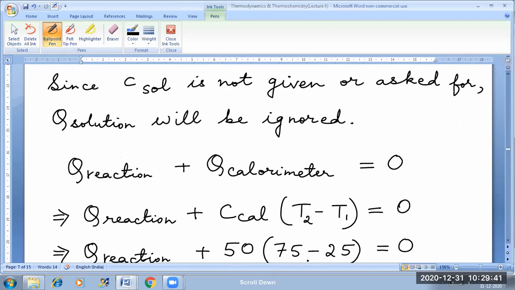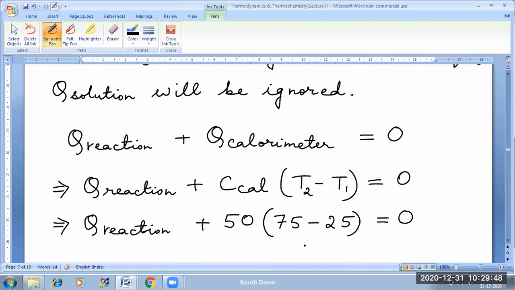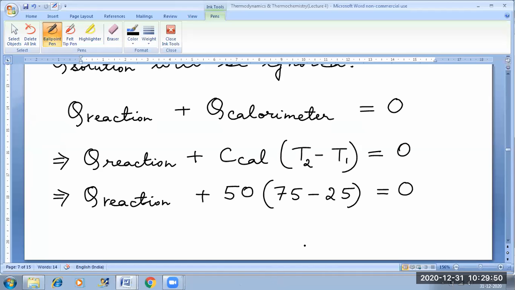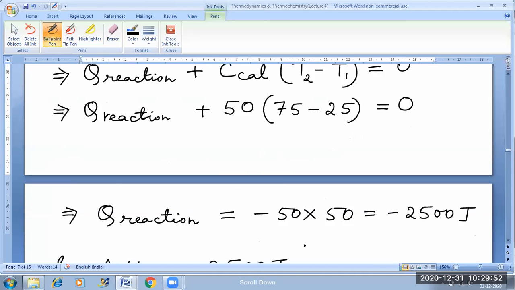This will be the final equation. C cal is given, final temperature minus initial temperature is delta T. From this, I can calculate the value of Q reaction.